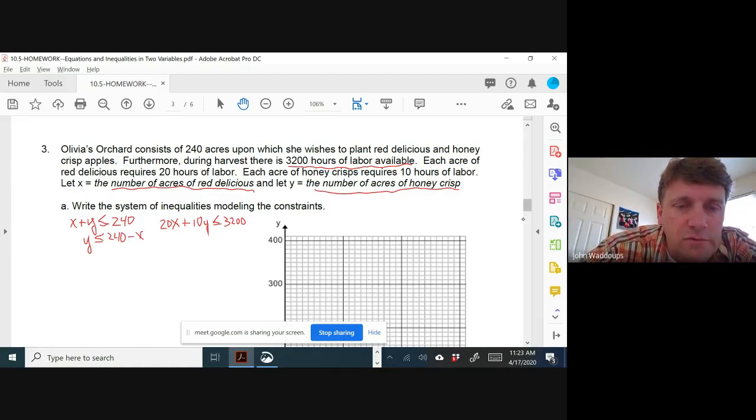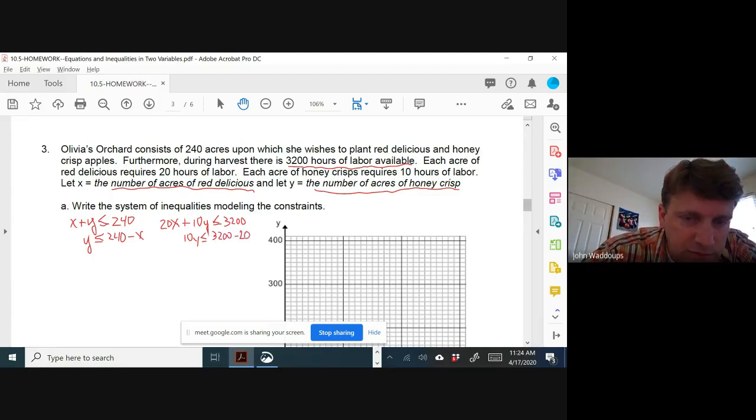And over here, 10y is less than or equal to 3,200 minus 20x. And then dividing everything by 10, y is less than or equal to 320 minus 2x.